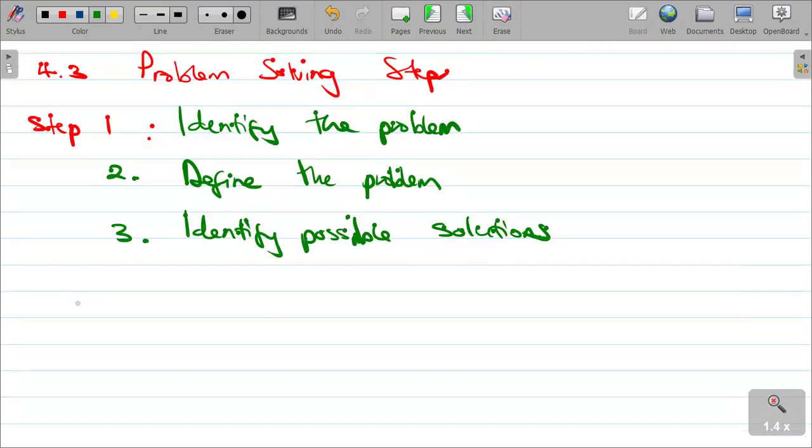And then step 4, you evaluate alternative solutions. You weigh them.